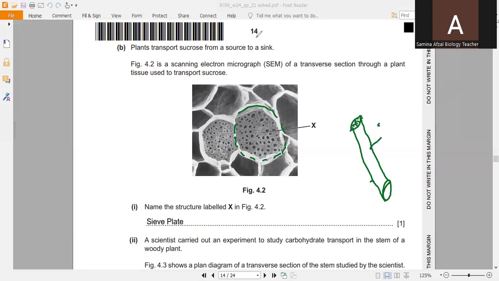Sieve tube elements have these sieve plates with which they are joined to one another, end to end. So this is the sieve plate shown in this diagram.